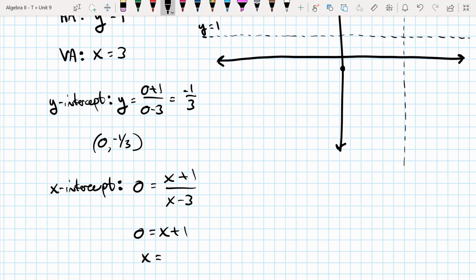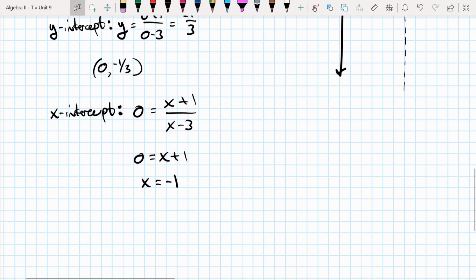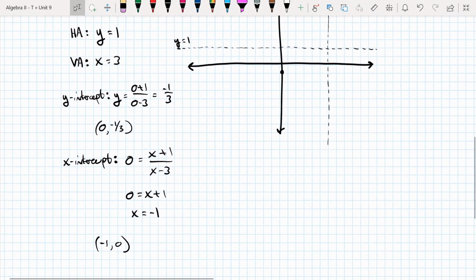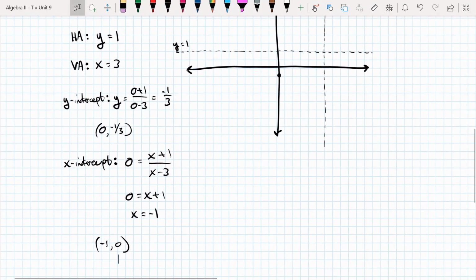And so the x value of the x-intercept is negative 1, which means the coordinate point of the x-intercept is negative 1, 0. Okay, and that's going to be right here. So this is 0, negative 1/3. This over here is negative 1, 0.